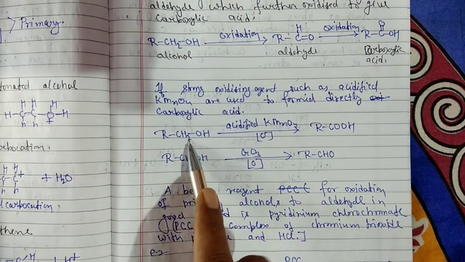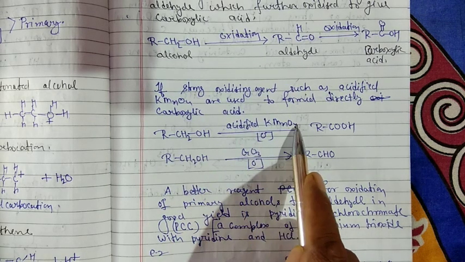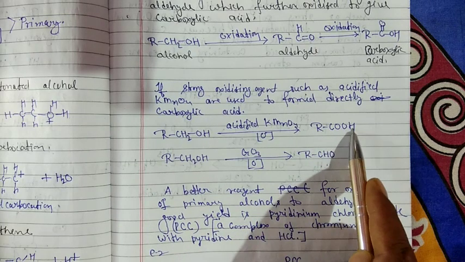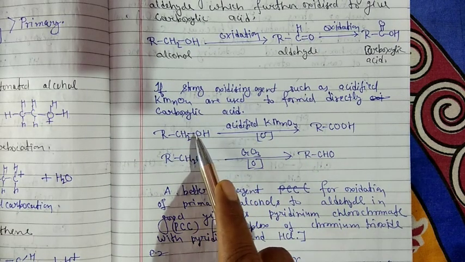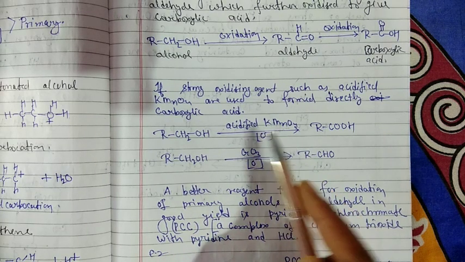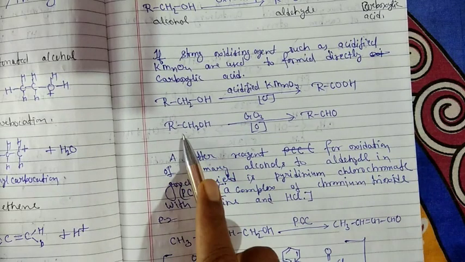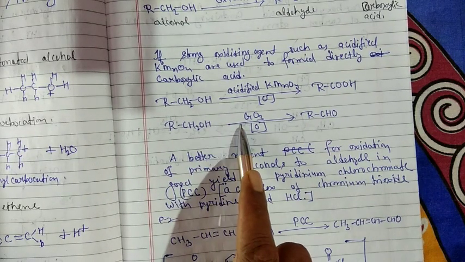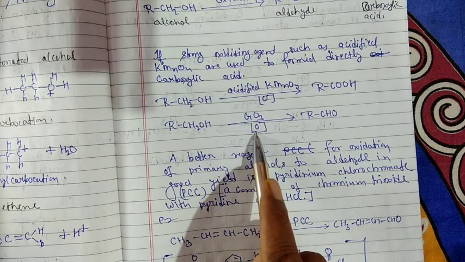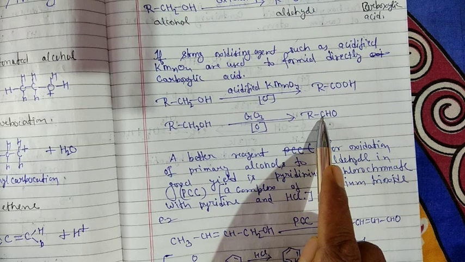We take a primary alcohol oxidized in the presence of acidified KMnO4 to form RCOOH. Oxidation means addition of oxygen or removal of hydrogen. Similarly, RCH2OH reacts with CrO3, an oxidizing agent, to form only aldehydes.